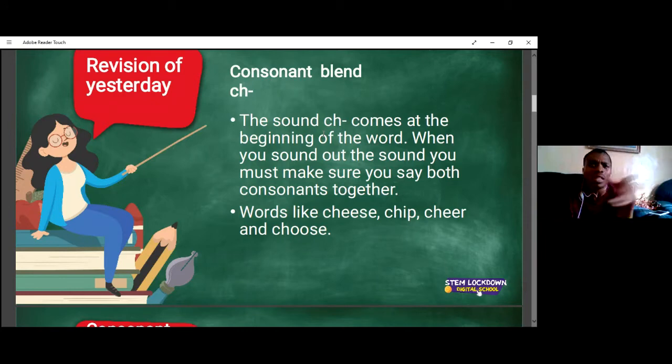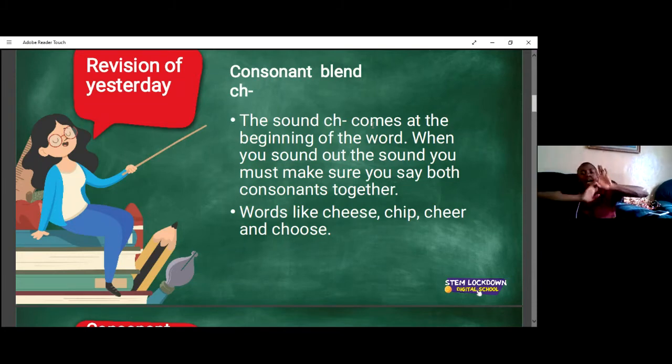We'll go to the ones that come at the beginning again. But now I want us to focus on the ones that come at the end of the word. That's what we're doing. So the ch sound used to come at the beginning of the word. When the word starts, then we say the consonant blend. And remember what I told you, consonants.